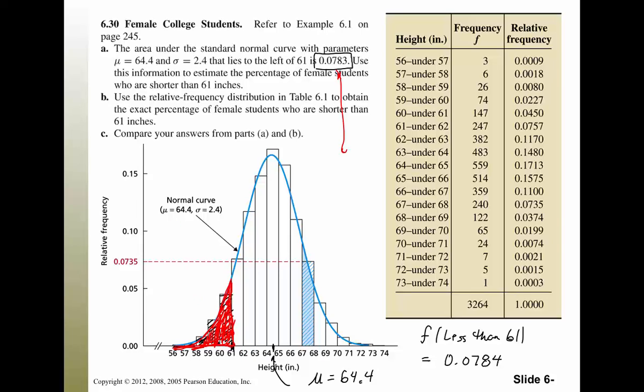So the whole point here is that the value of area is the value of relative frequency. Okay, does it make sense?